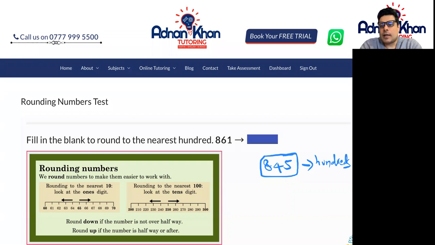So we have 800 and we have 900. And then we have obviously this scale that comes all the way here. Now halfway, exactly halfway, is 850. Now, if we were to look at 845, we know that 845 will come just about there.